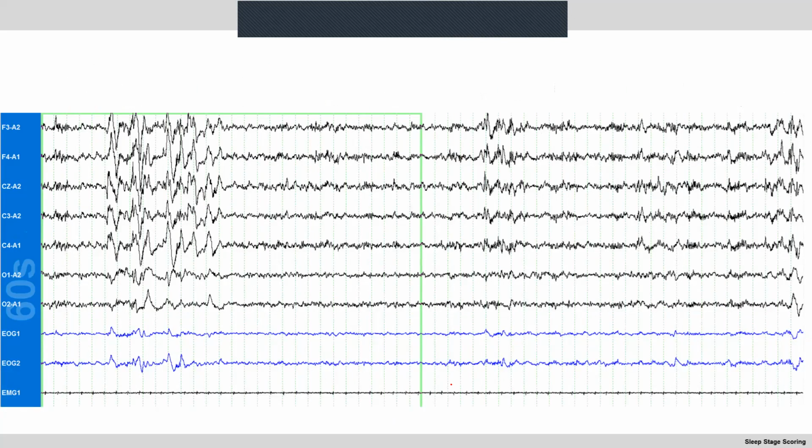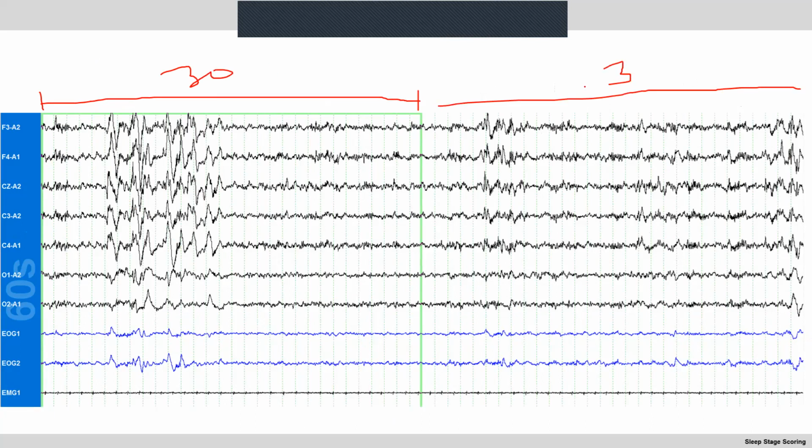So how is the transition happening from N3 to N2 stage? This is 30 seconds, I constructed it. This is again 30 seconds, and this is again 30 seconds. So this part is covering, I think, 8 seconds, if we count 1, 2, 3, 4, 5, 6, 7, 8.